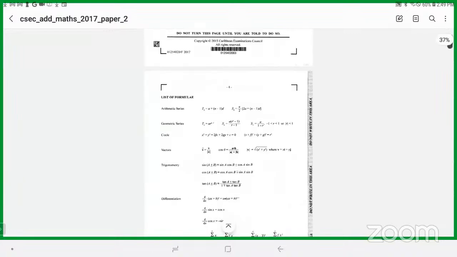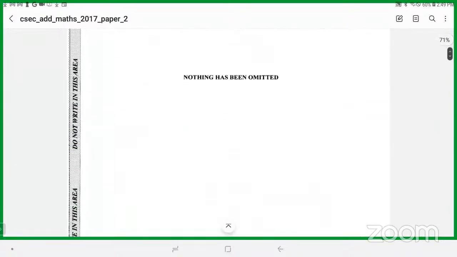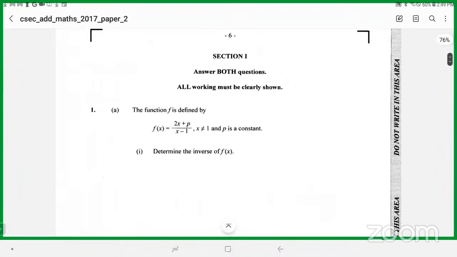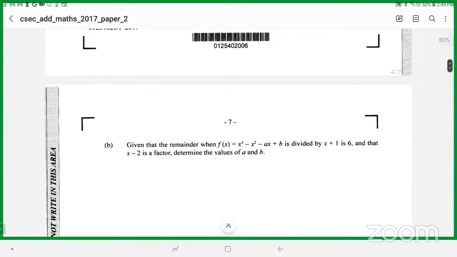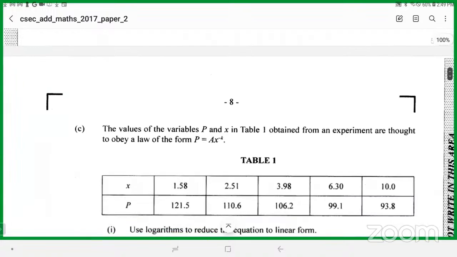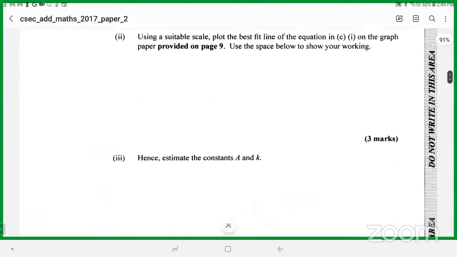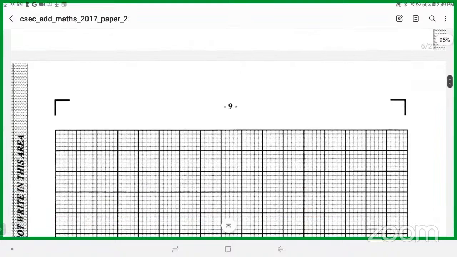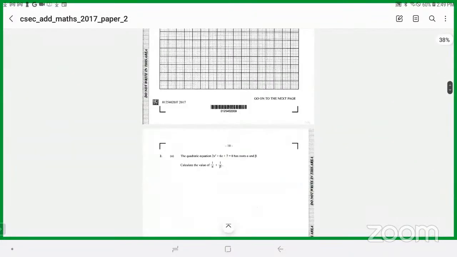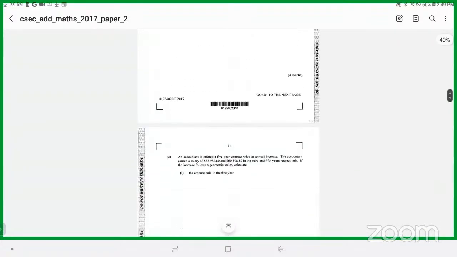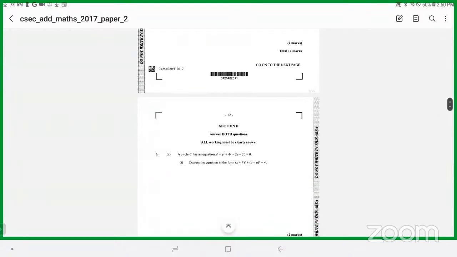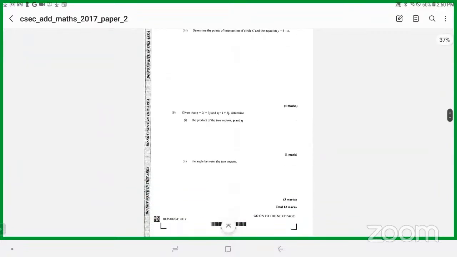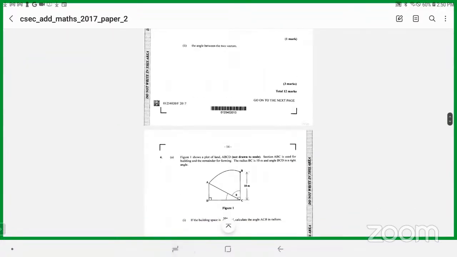That was the main objective of this session, and to finish out the past papers. Done. 2016.